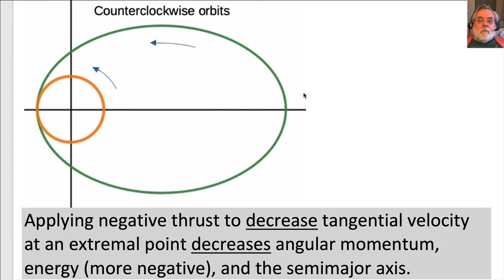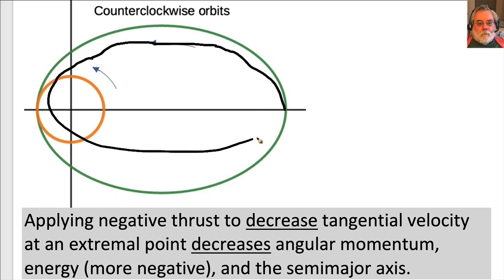So if we were here and we applied negative thrust, we could be in that shorter ellipse.